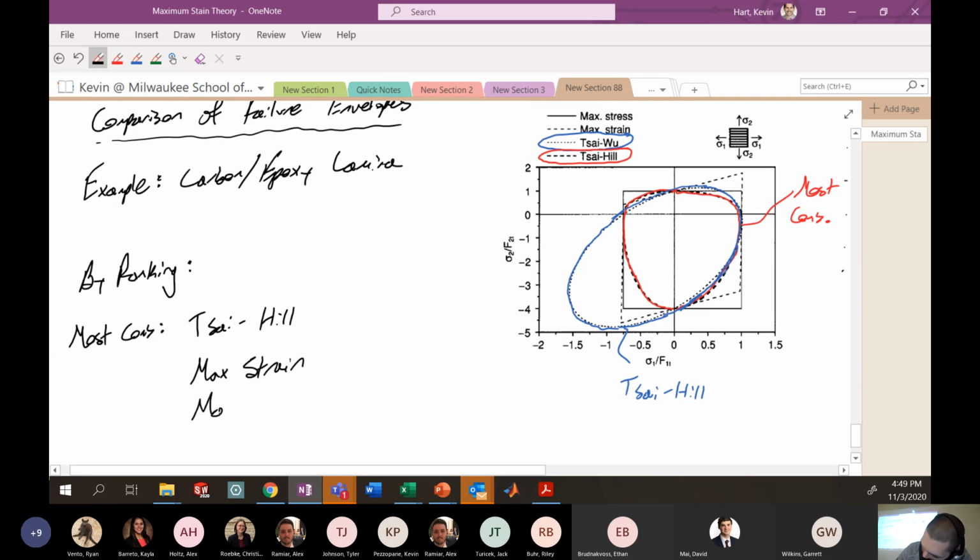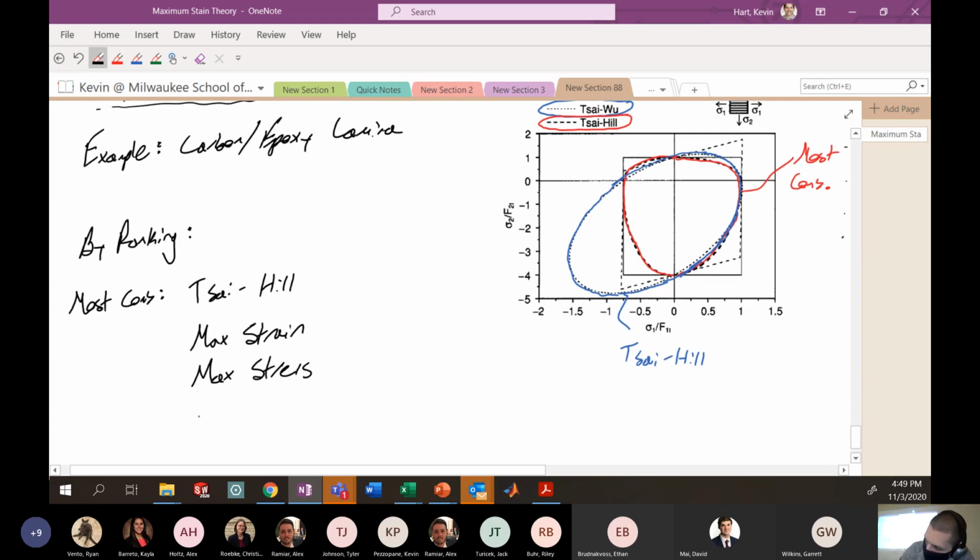Next, max stress. So these are about the same. And then finally, Sciwoo is least. Okay, and this is always important in consideration of design, you know?